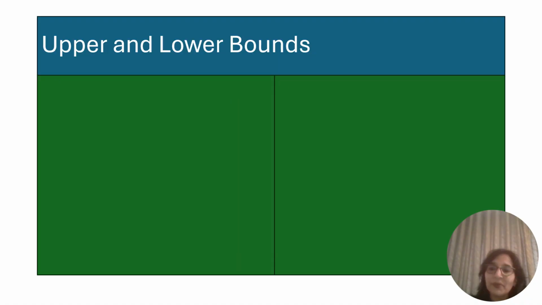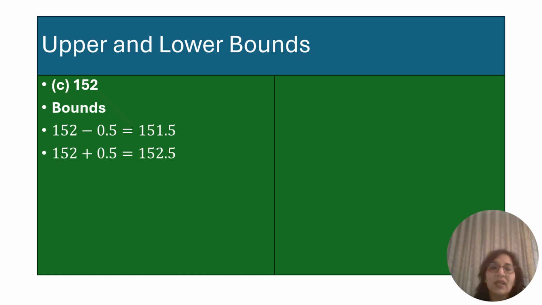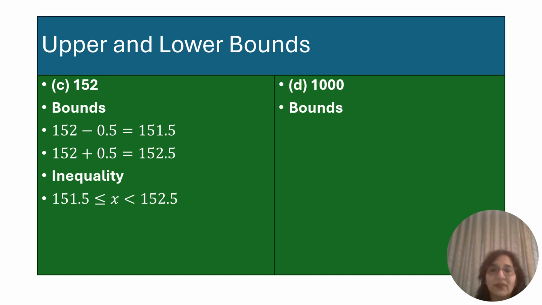Now let's take three-digit numbers. The rule is the same. 152 minus 0.5 gives 151.5 and 152 plus 0.5 will give you 152.5. So what will be the inequality here? It is 151.5 less than or equal to x less than 152.5.